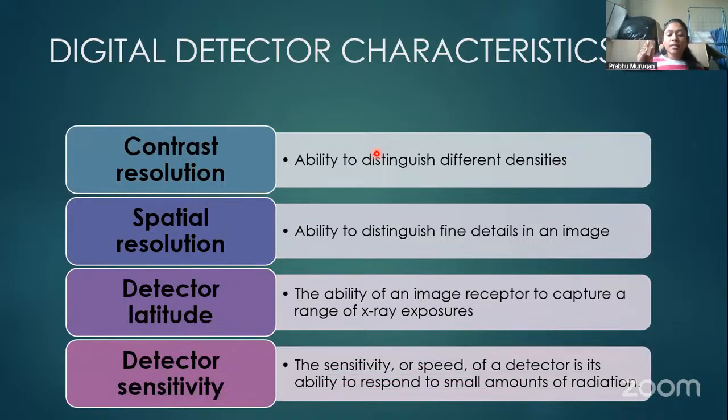That is the ability to respond to even a small amount of radiation, that is, low dose photons. So these are the four main characteristics. Actually, this applies to both your conventional X-ray films as well as your digital sensors. These are the characteristics that the receptors have to possess in general: contrast resolution, spatial resolution, detector latitude, detector sensitivity.